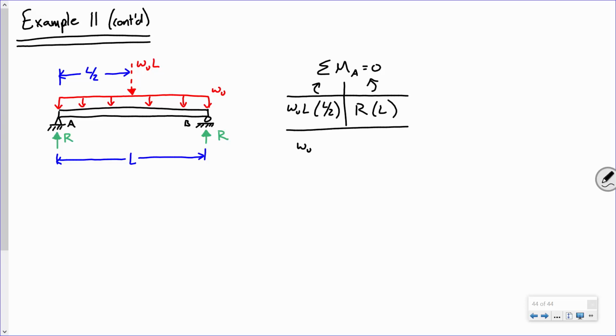So W L squared over 2 equals R L. R is W L over 2. All right. Sound good?